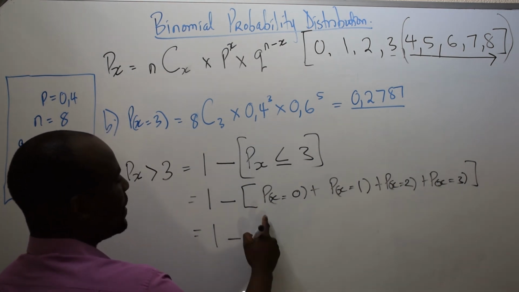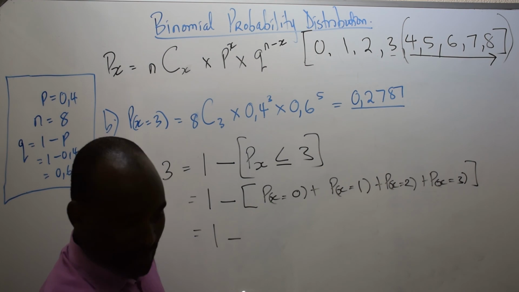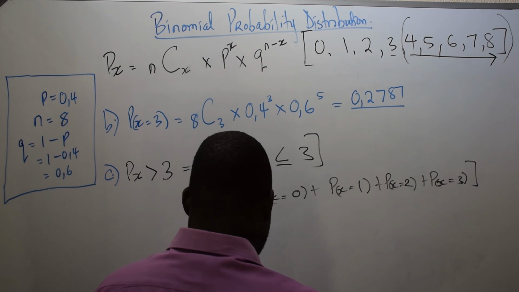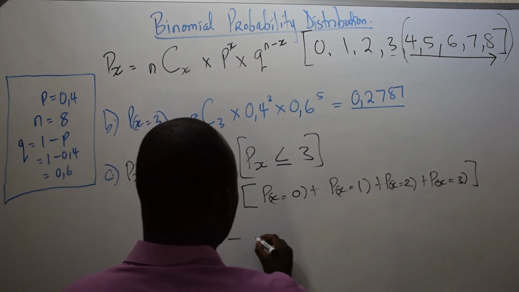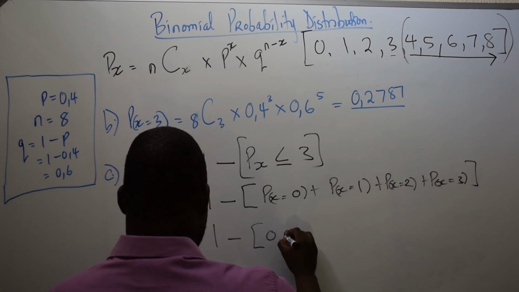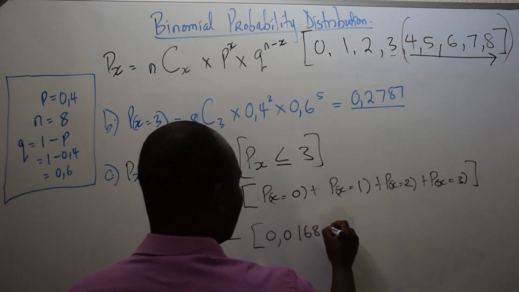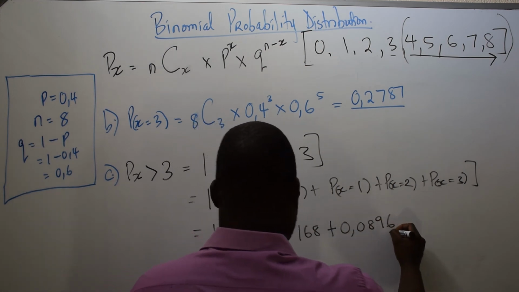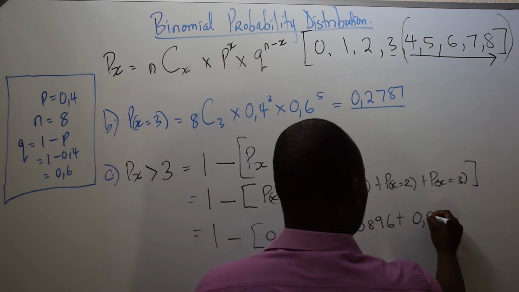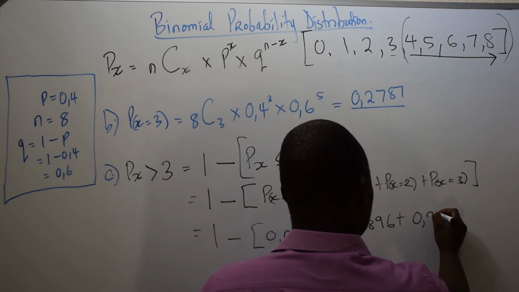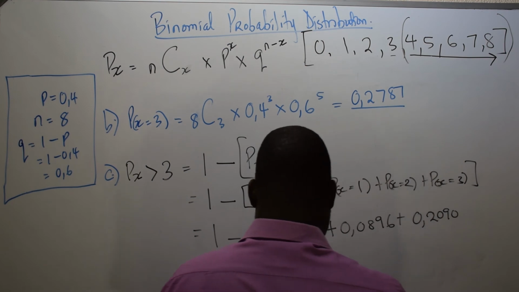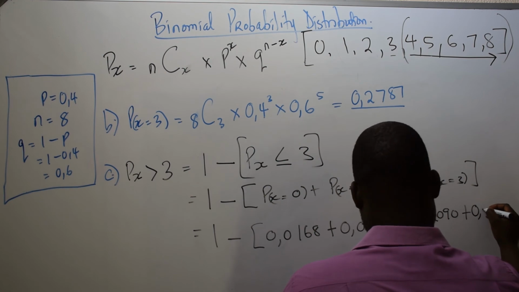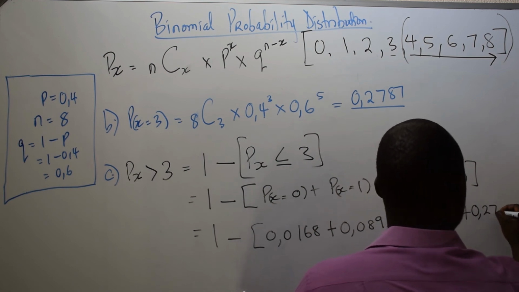So this is equal to 1 minus, we already did the probability calculation of the 0, so I'm just going to check the answers that we already have. So this is equal to 0.0168 plus the probability of a 1, 0.0896 plus the probability of a 2, 0.209 plus the probability of a 3 that we did last, 0.2787.